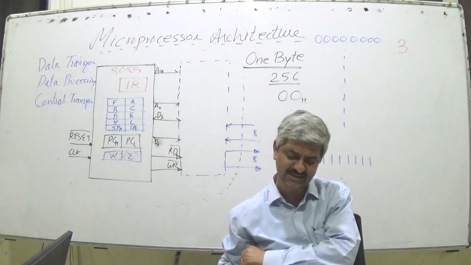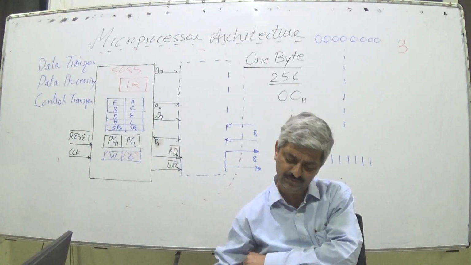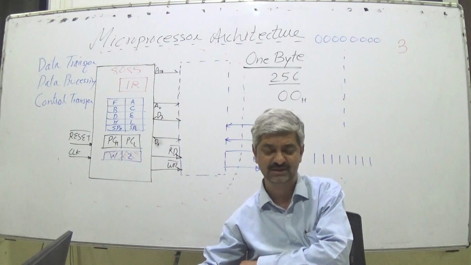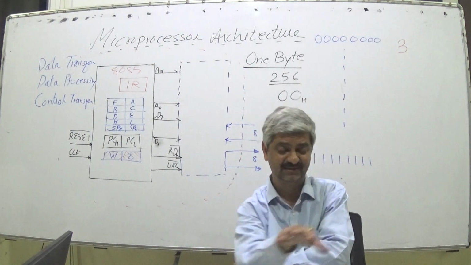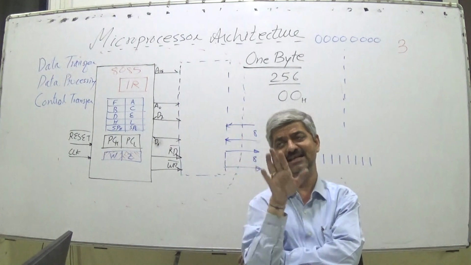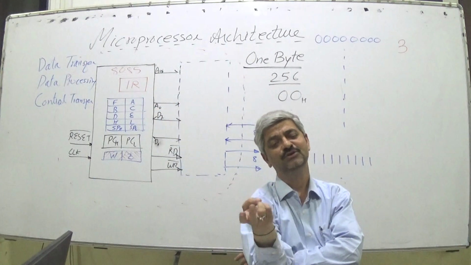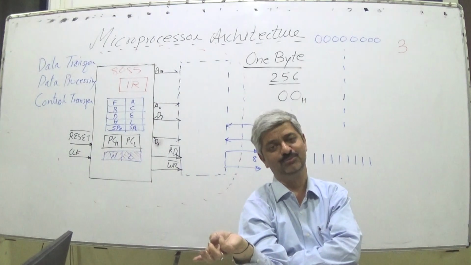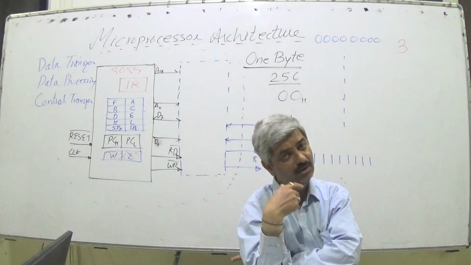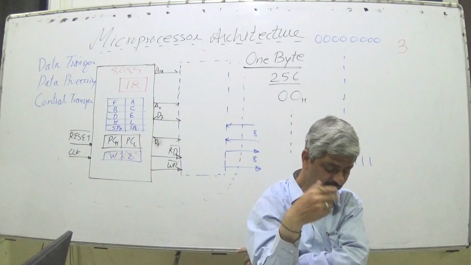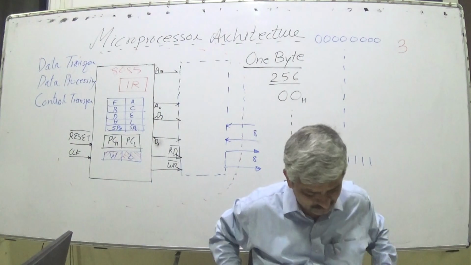You are doing some calculations, you store something in temporary storage which you are required to use later. So some kind of registers you want to use. That is required for scratch pad like storage.